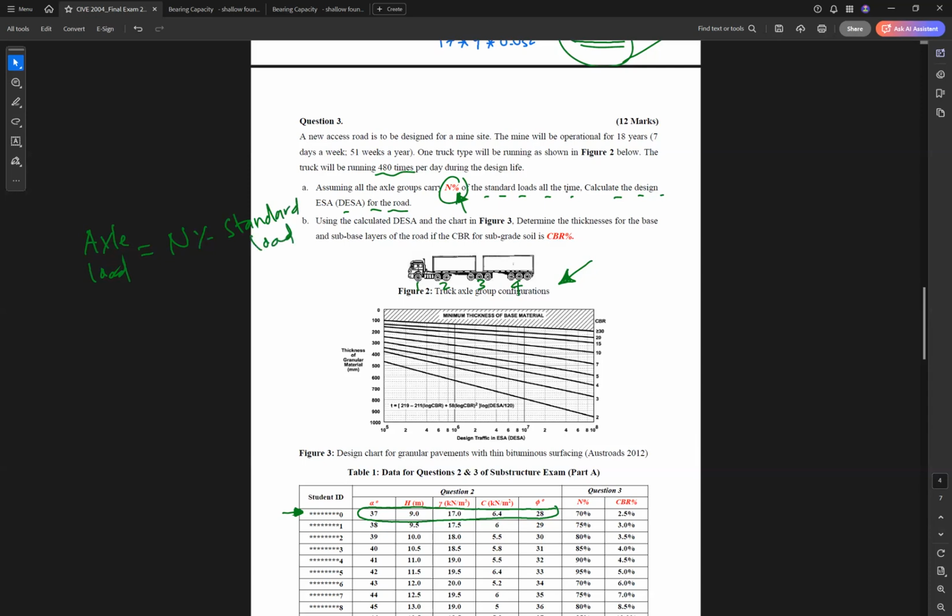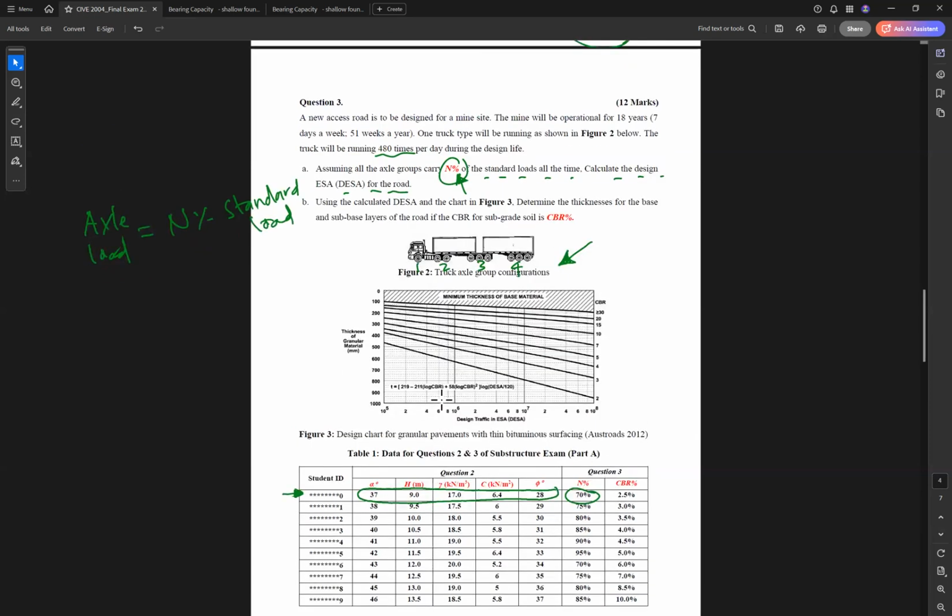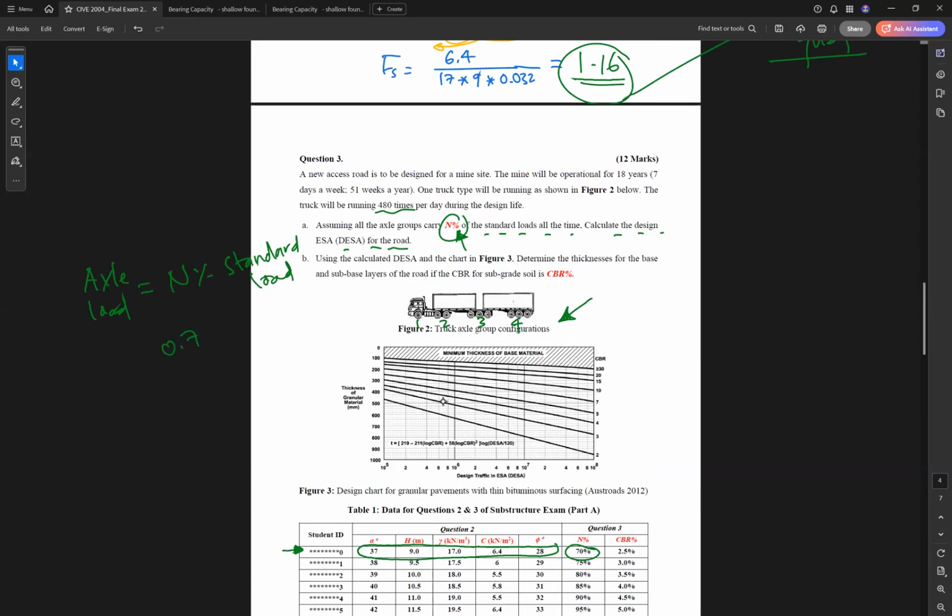You see how it is given here? So based on your ID, for example, if your ID is 0, how much is the percentage? 70%. So the axle load is 0.7 of what? The standard load. So whatever the standard load is, it is 0.7.